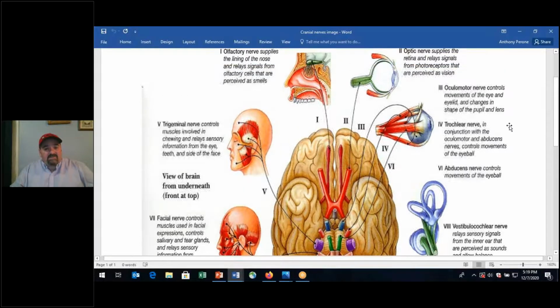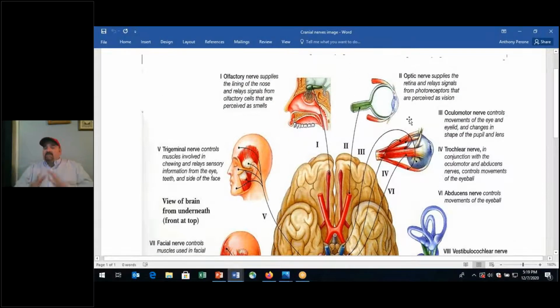But if I said to you that as a result of a car accident, a patient was having issues with the ability to see out of one of their eyes, could it be that there was damage to cranial nerve number 2 on the right side or the left, right? This is the kind of question I would give you, asking for your input, as far as cranial nerve number 2 being involved in the sense of vision.